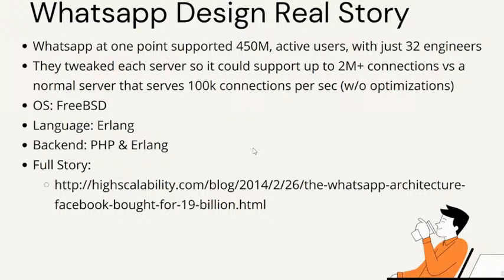These 32 engineers tweaked each server so it could support up to 2 million connections, versus a normal server that can serve about 100 connections per second without any optimizations. The operating system that was chosen back in the day was FreeBSD. The language that they chose was Erlang. The backend system, meaning the system that connects to the API, was essentially coded using PHP and Erlang.